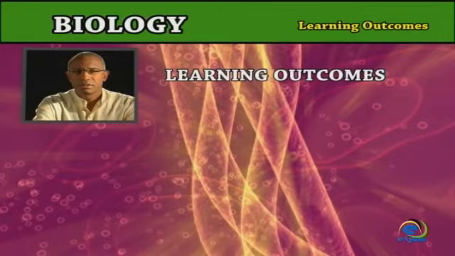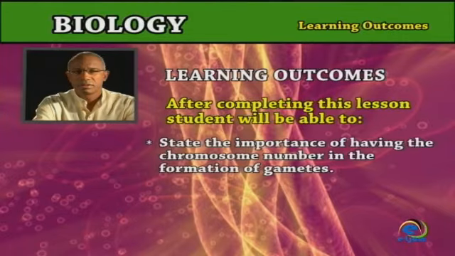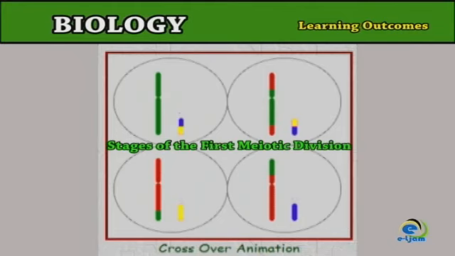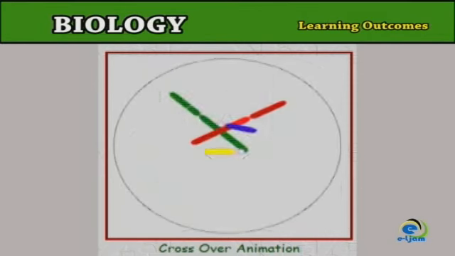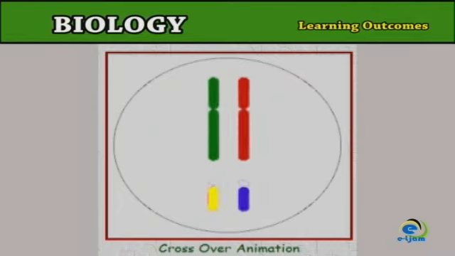Learning outcomes. After completing this lesson, student will be able to state the importance of halving the chromosome number in the formation of gametes. Stages of the first meiotic division. Prophase 1. The chromosomes condense and become more visible. The nucleolus disappears.